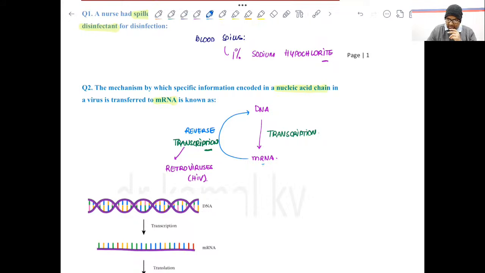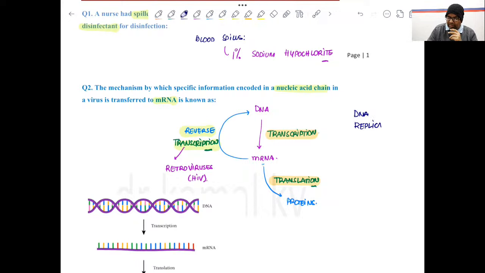Now the synthesis of proteins from mRNA is known as translation. Clear? So this is translation. So transcription and translation and reverse transcription. Now there is one process, and that is known as DNA replication.